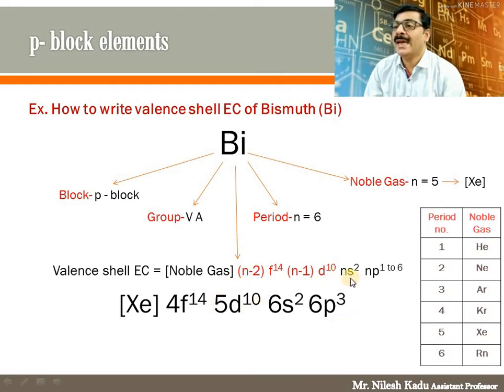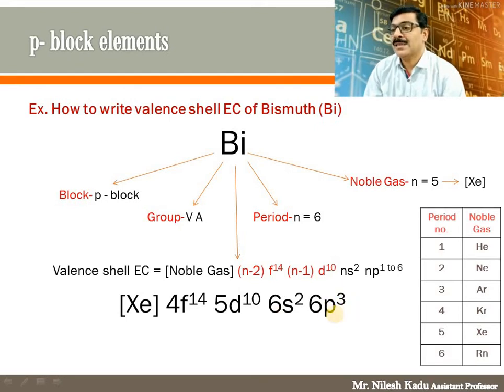Then ns2, n means 6, so 6s2, and np1 to 6 means 6p. But how many electrons are present in the p orbital?